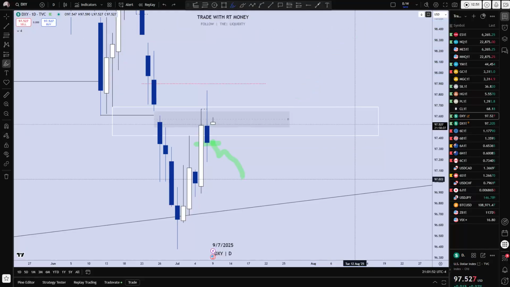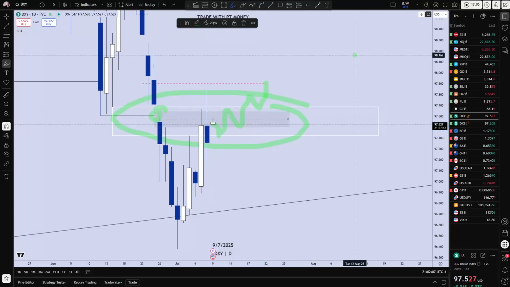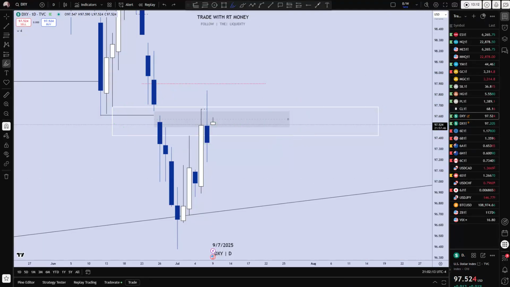All right. But if these overlapping fair value gaps with this volume imbalance, if it does give way, then the euro is going down, Jack. It's going down to Chinatown. Okay. All right. So that's what we're watching.